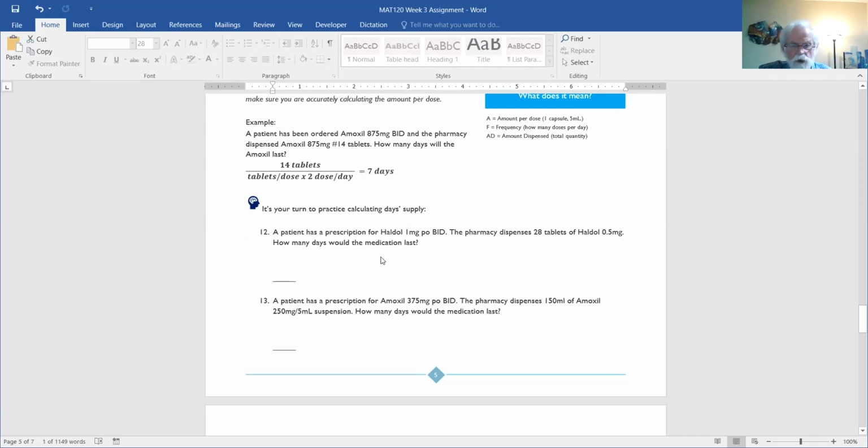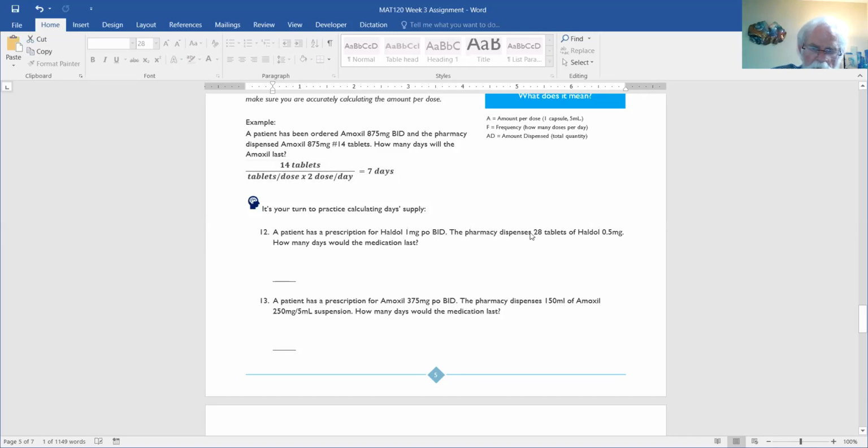So we have to analyze this. The important thing is 1 milligram per dose, twice a day, and the dose on hand, DH, is 1/2 milligram. So we're going to give 2 tablets per dose, twice a day, 4 tablets a day.